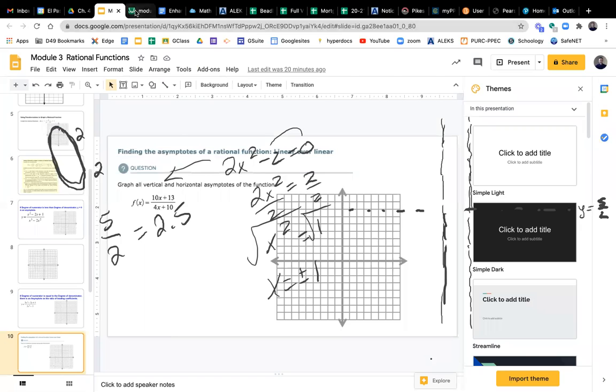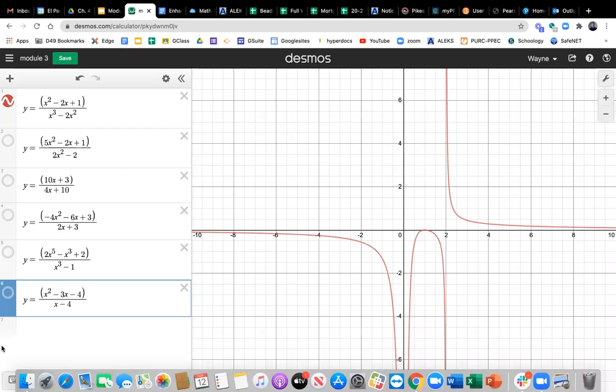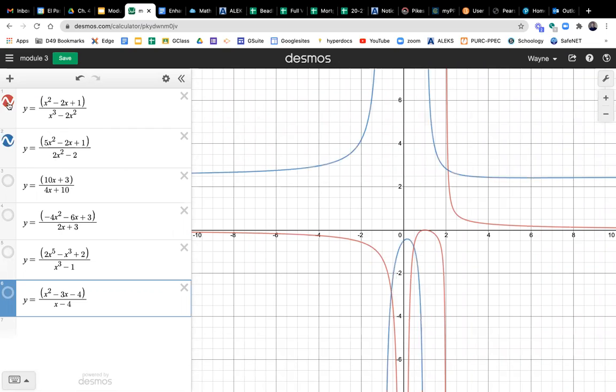and go to Desmos, I have it written in here. So this was number 1. This is number 2. Let me take one off. And you see that the line can't get any bigger than 2, and I'm looking at 2.5 right here. So 5 halves is 2.5. So it has a horizontal asymptote at 2.5. I might have typed it in wrong.